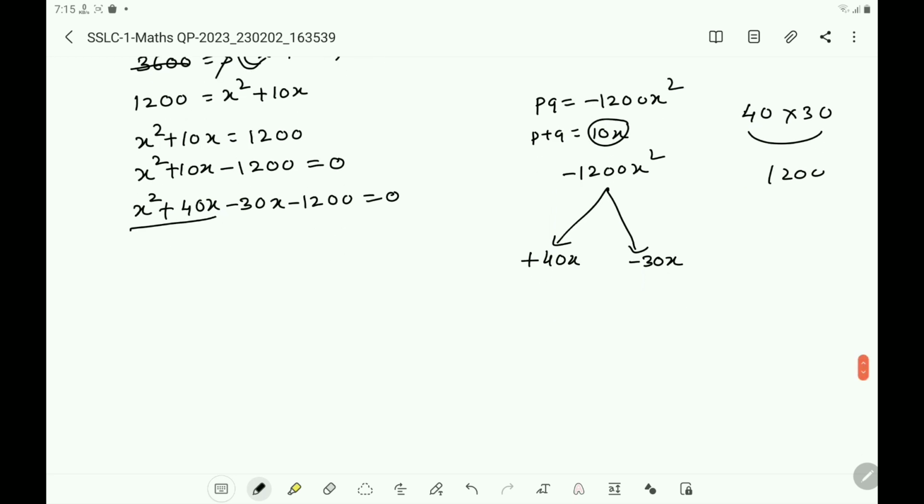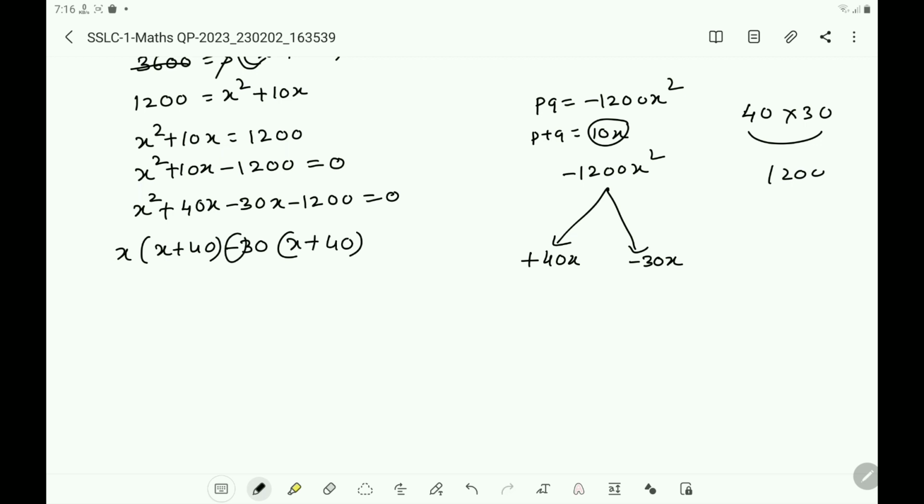Now take the common here. First two terms you take and find the common. What is common in the first two terms? x into x plus 40. Here you take the common, because you know that 30 into 40 is 1200. Therefore you can take 30 common, and in the bracket what is remaining here? x plus 40.